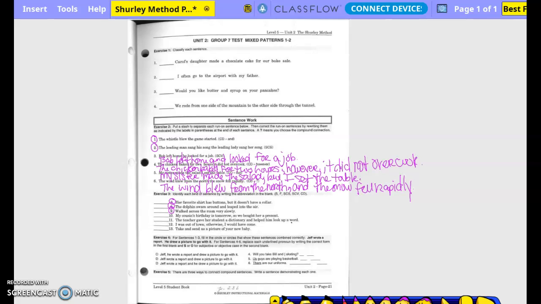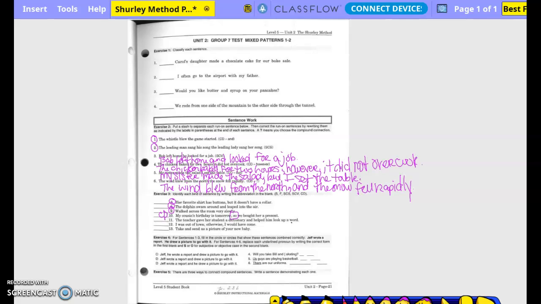Okay, so my cousin's birthday is tomorrow, so we bought her a present. So the comma and so, right? We need to put it in a box, right? That makes it a what kind of sentence? A compound sentence, so CD. The teacher gave her student a dictionary and helped him look up a word.